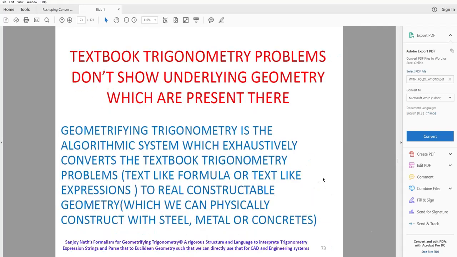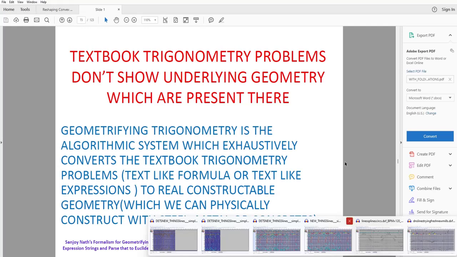Now, textbook trigonometry problems don't show the underlying geometry. There are lots of triangles present there, lots of different similar triangles. Sometimes, when the trigonometry expression has only a single theta or single x, single y, it has only one type of similar triangle arranged in multiple different ways to construct the whole bunch of line segments.